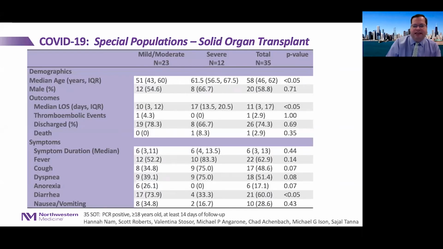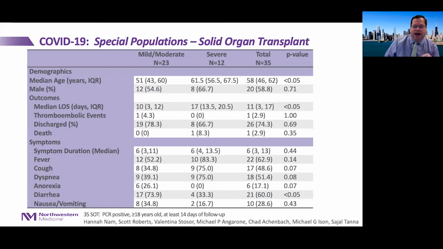So just briefly, since this is a kidney population, on the solid organ transplant group, this was an effort led by Sejal Tana and 2 of our fellows. We had about 35 patients as of about 2 months ago when we submitted this for publication. We're now up to, I believe, 74 patients, the majority of which are kidney transplant patients, as I'll show you on the next slide.